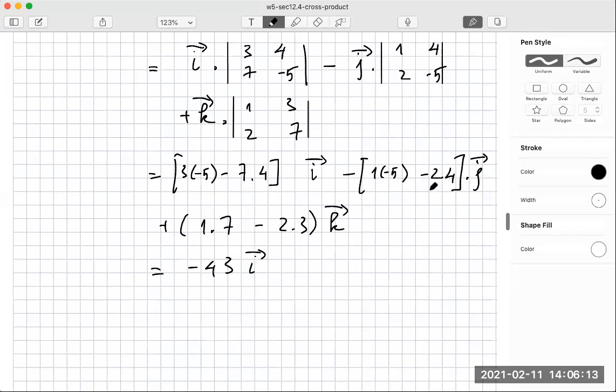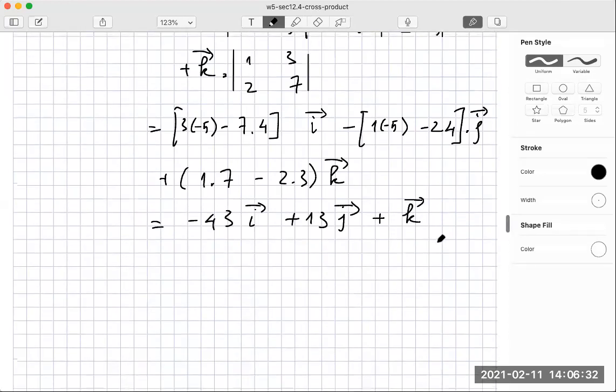It will be negative 13. In front of that is a negative sign. Very good. And the last one, yeah, 1k, or simply k here, right? Or in ijk notation, we can write it in vector notation. It will be negative 43, 13, 1, right? We can write it this way. They're the same. Very good.